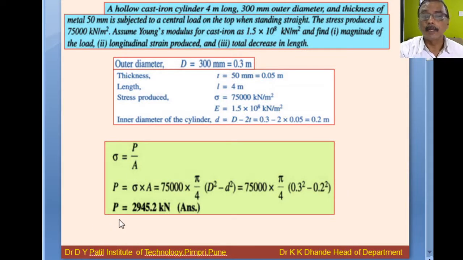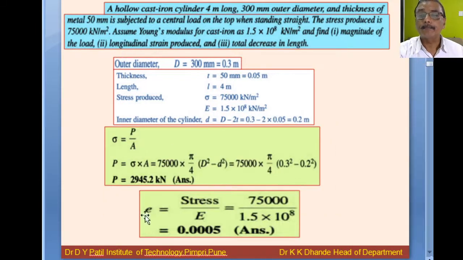Here you will get P is equal to 2945.2 kilonewton. This is our first answer, magnitude of the load. Now secondly we have to calculate longitudinal strain induced in the cylinder.